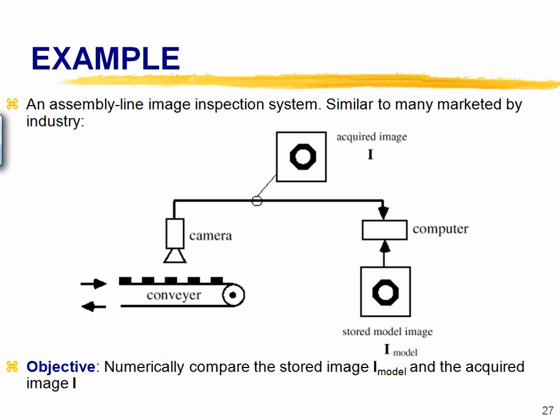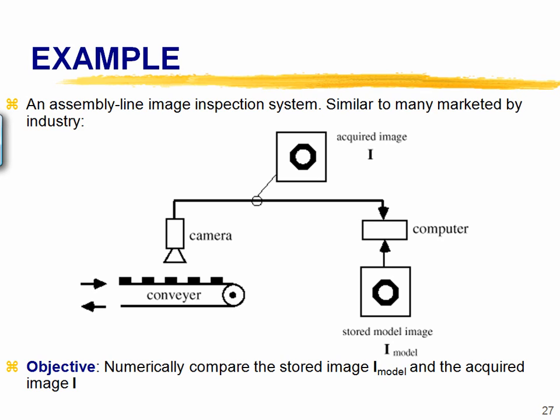You have the camera which is going to acquire an image of every part that's placed on the conveyor belt, and you have a processing unit whose job is to figure out how different this acquired image is from the specifications that you have at hand as to what this part should look like. Okay?